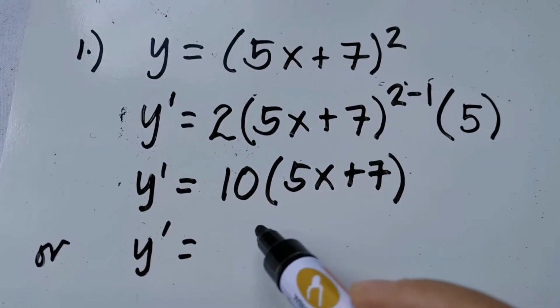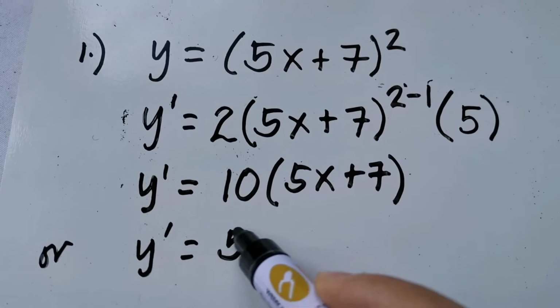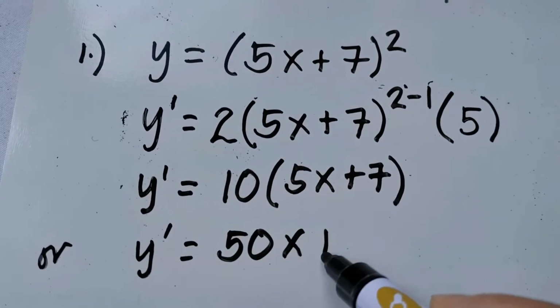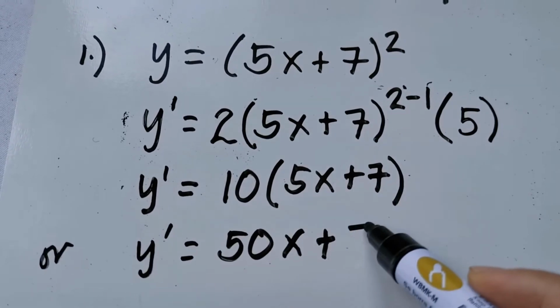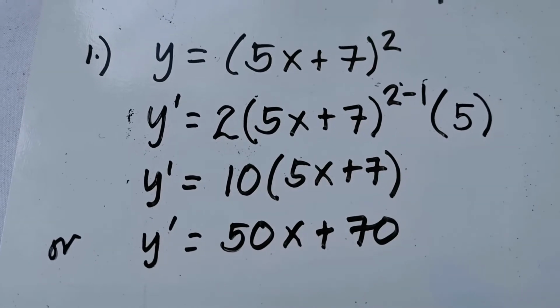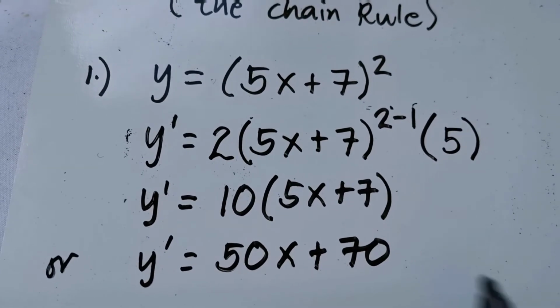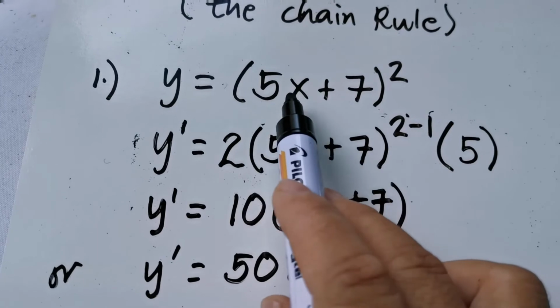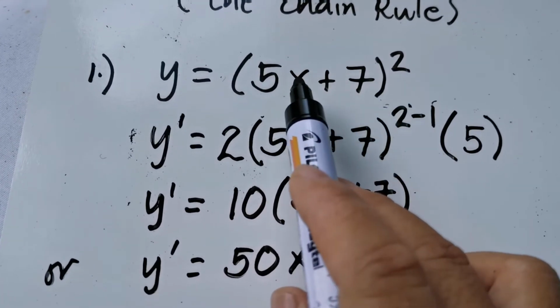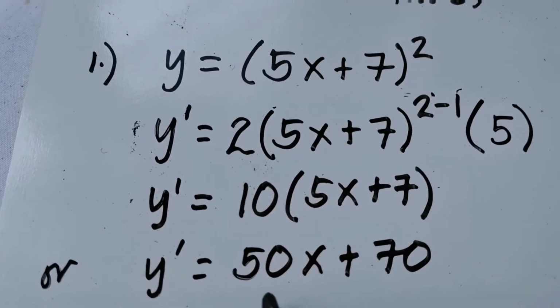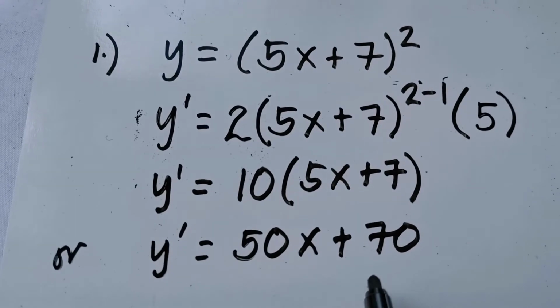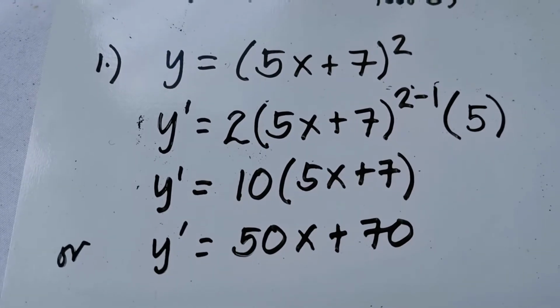So 10 times 5x is 50x, 10 times 7 is 70. Therefore, the derivative of the square of 5x plus 7 is 50x plus 70.